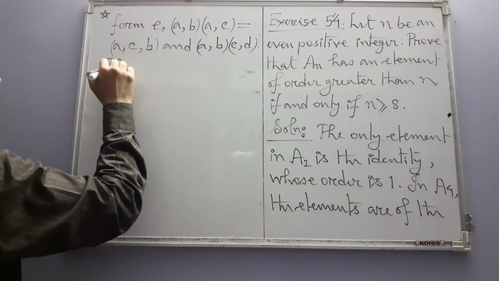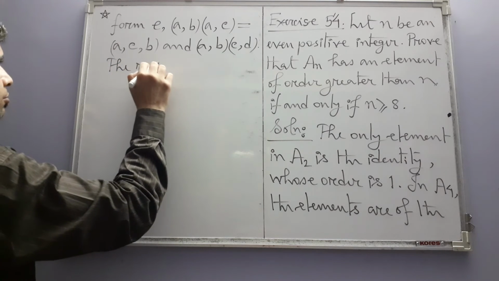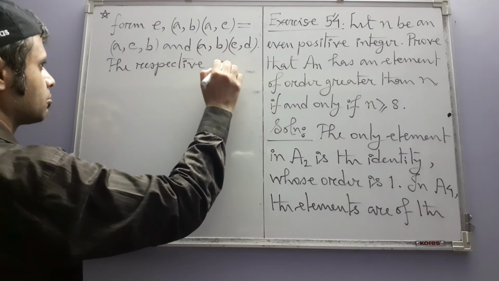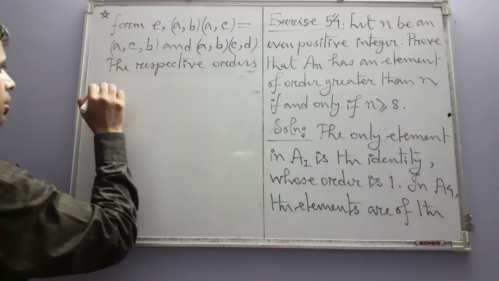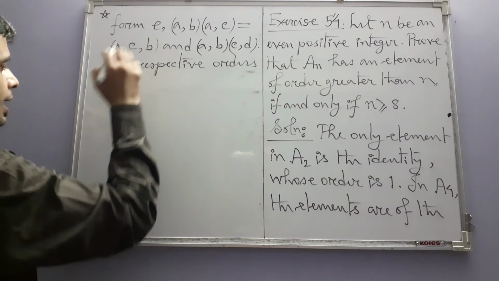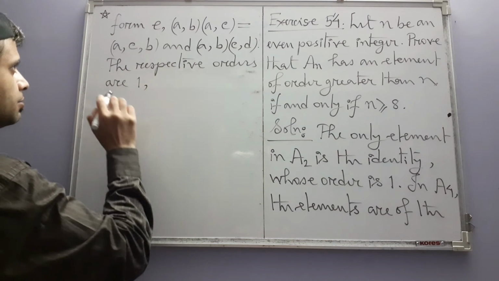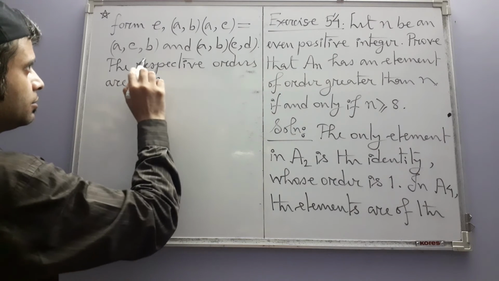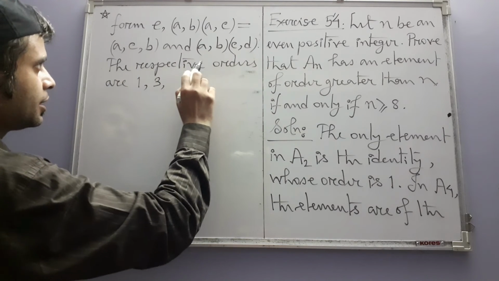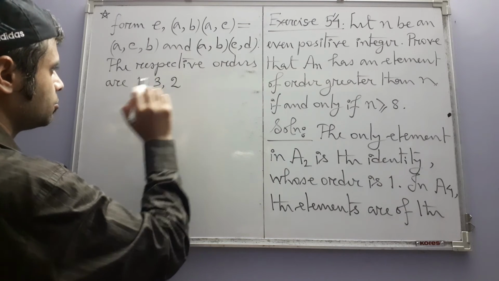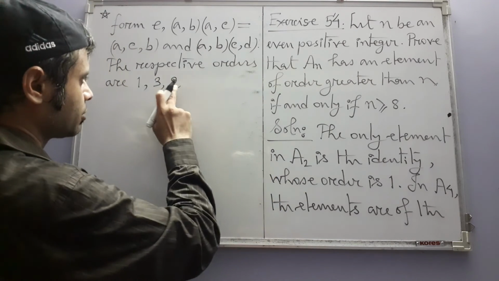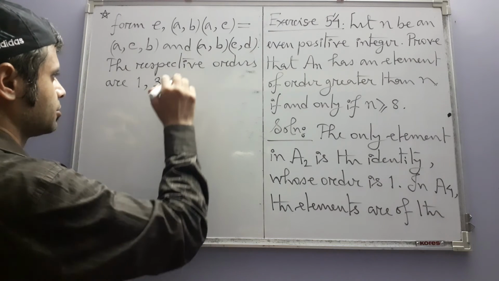The respective orders are: identity, of course, has order 1. This is a 3 cycle, so it has order 3, and this is LCM of 2 and 2, which is 2. So we are not exceeding 4, we are not even reaching 4.